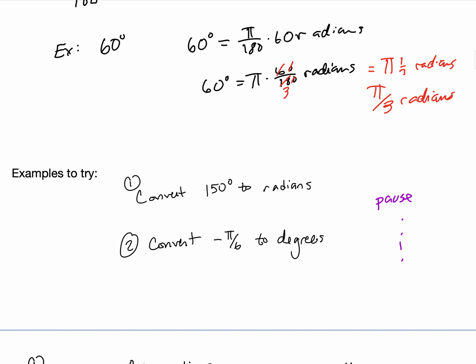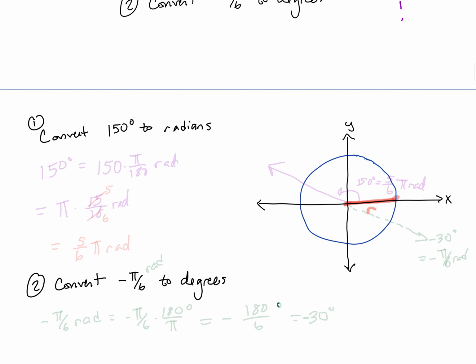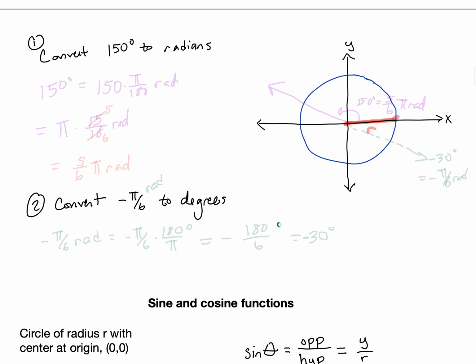Okay, so converting 150 degrees to radians, we know that we can just multiply by pi over 180. So 150 degrees is equal to 150 times pi over 180 radians.